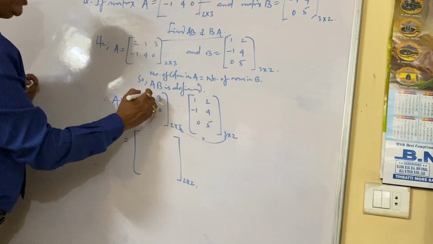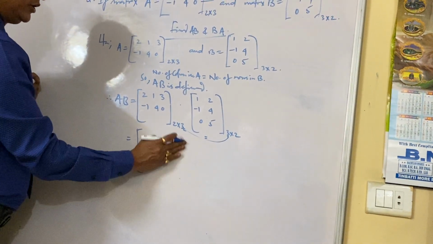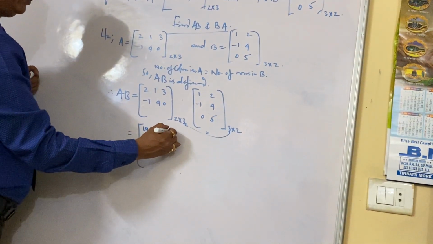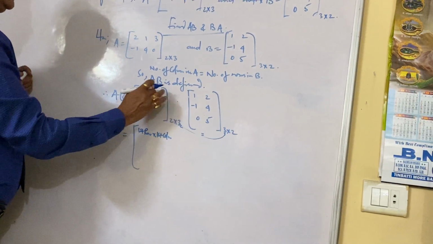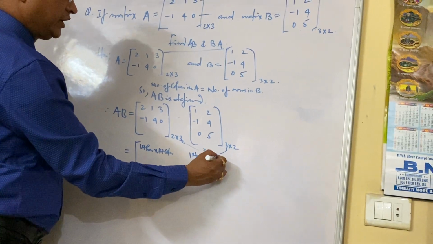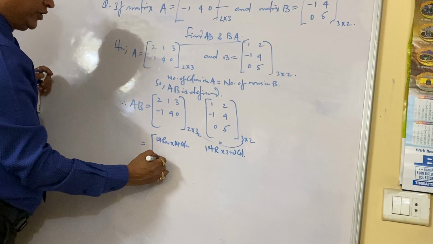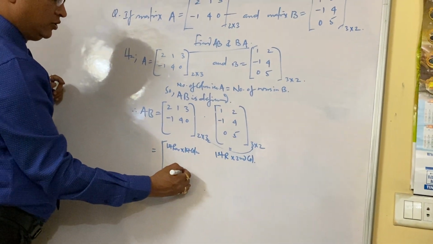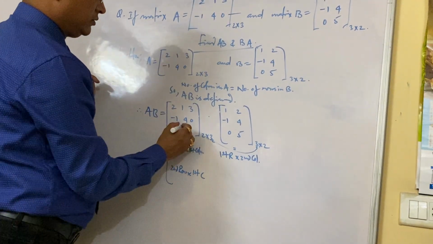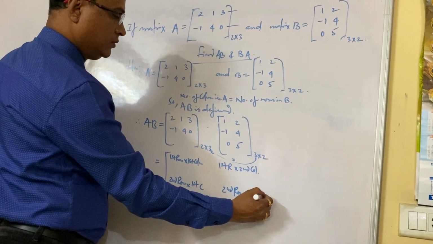So first we multiply the first row into the first column, then the first row into the second column, which gives the second element of the resultant matrix. Then the second row into the first column gives the third element, then the second row into the second column.